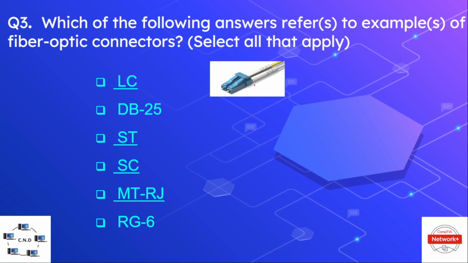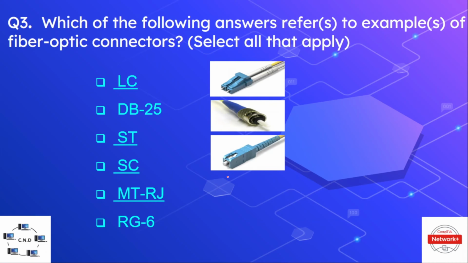So let me show you the picture. This is the LC connector. This is the ST connector. This is the SC connector. And the last one is MT-RJ. As a trick for remembering these connectors, we can remember LC as the long connector.